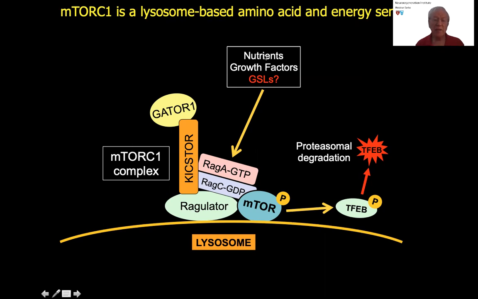It receives signals, it responds to nutrients and to growth factors. And I'm going to show you today that it responds to elevated glucosylsphingolipids. And when this is active, then mTOR is phosphorylated. It goes on to phosphorylate other substrates, including devel, and this is important for the autophagy lysosomal pathway, and this devel will undergo proteasomal degradation.